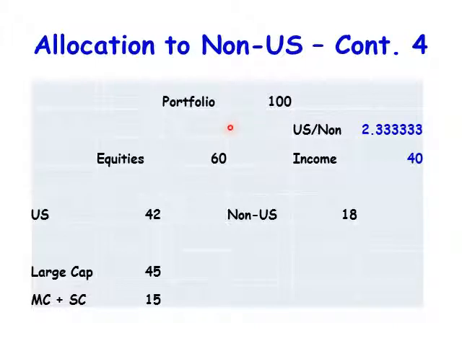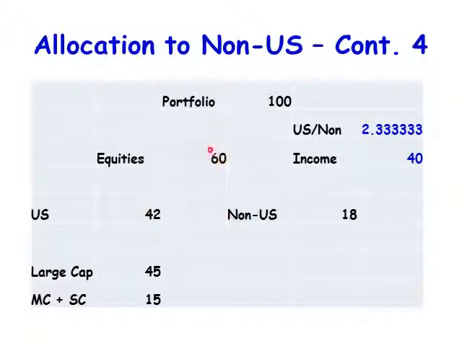From there, I can build a spreadsheet here with 100 fixed, and these are the two numbers, US to non-US of 70 to 30. That's what 2.333 comes from, and from the 60-40 portfolio the income portion is 40, and the spreadsheet computes 60 here. 100 minus 40 is 60, and US is 70%.